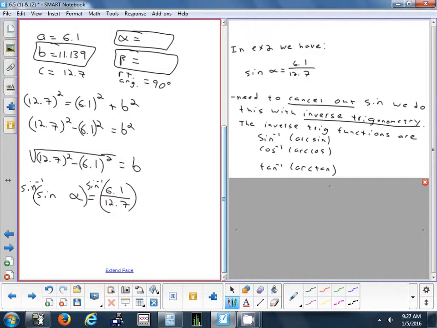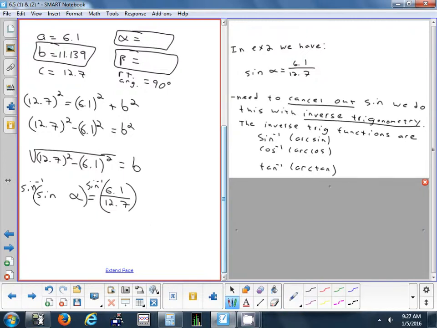We're not multiplying each side by inverse sine. Multiplying you only do with numbers and letters. Same thing if I had this, you wouldn't say multiply each side by square root. You're not multiplying by the square root. You're just taking the square root. So the word is take, not multiply.